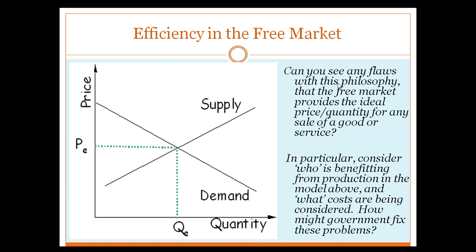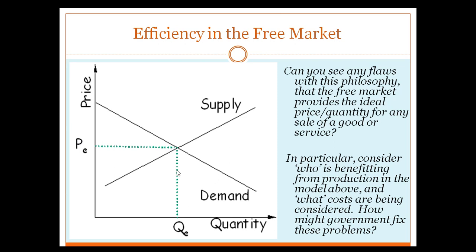The market will determine an ideal or an efficient price and quantity because if the price or quantity that is suggested, let's say by a seller, and sellers choose the price they sell at in the free market, well, if it's not efficient, the buyer will let the seller know that there will be an imbalance between the supply and demand, and you will have either too many products or too few products, and a need to adjust. And so in having this point that emerges over time where you have an equilibrium or an intersection point determining your price and your quantity, you're balancing the needs of those two parties and you're creating efficiency along the way. It makes a lot of sense.